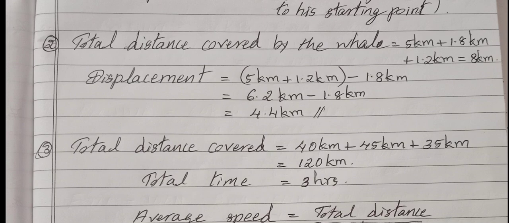That is the displacement. Displacement is the shortest distance from the initial point to the final point. So here the shorter distance we get is 4.4 kilometers, that is the displacement. Now question number 3.